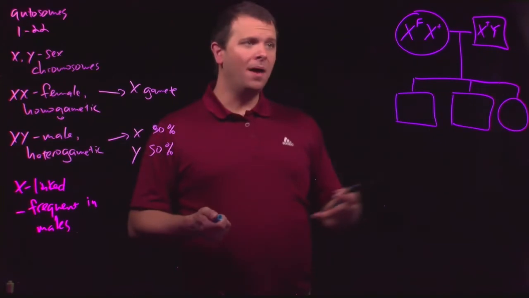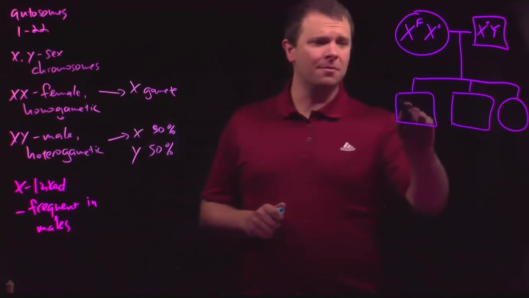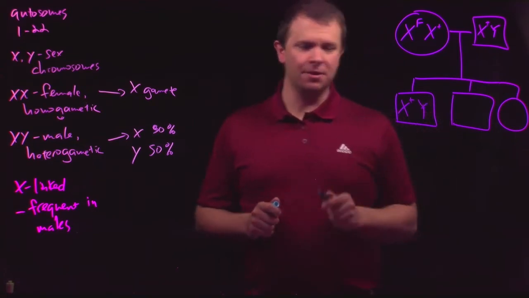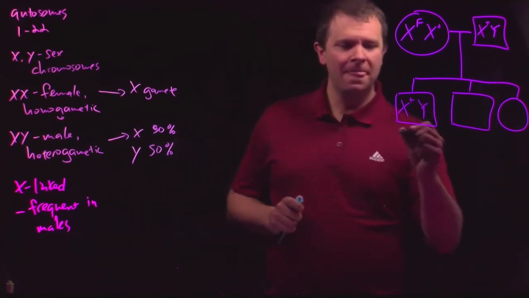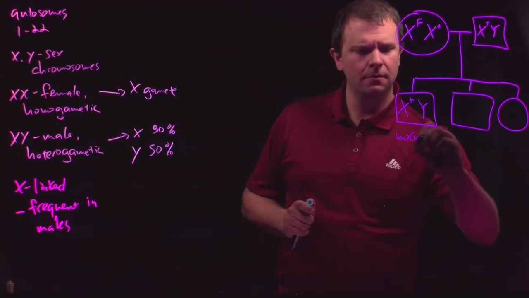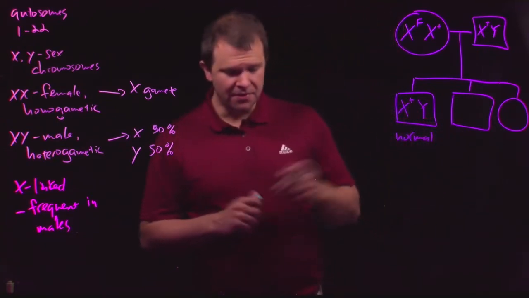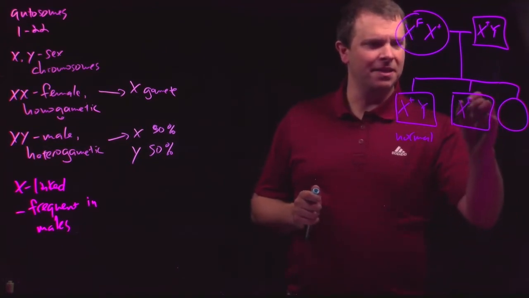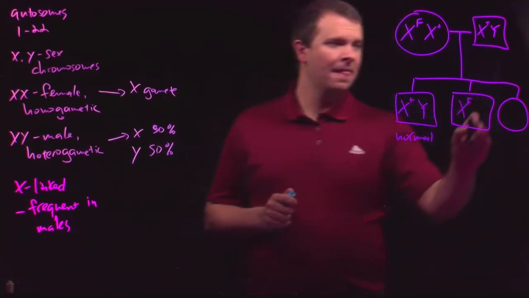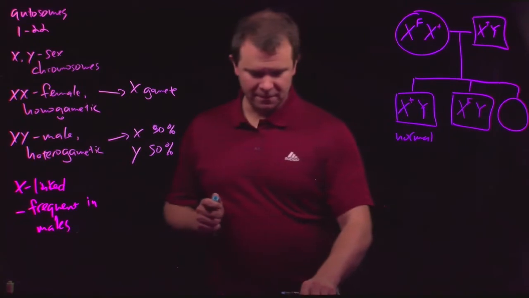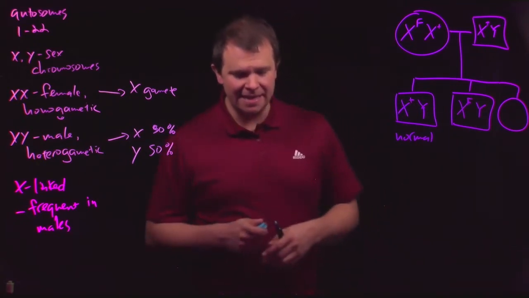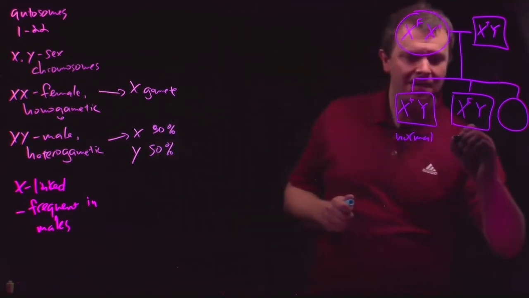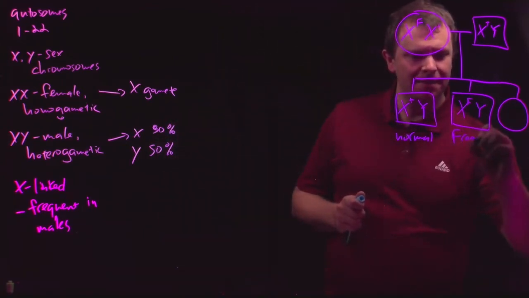And so one boy received the normal allele, and of course he received a Y chromosome from his dad, and so he is phenotypically normal. The other boy received the Fragile X allele from his mom and a Y chromosome from his dad, and so he is profoundly autistic as a result. He is showing the symptoms of Fragile X.